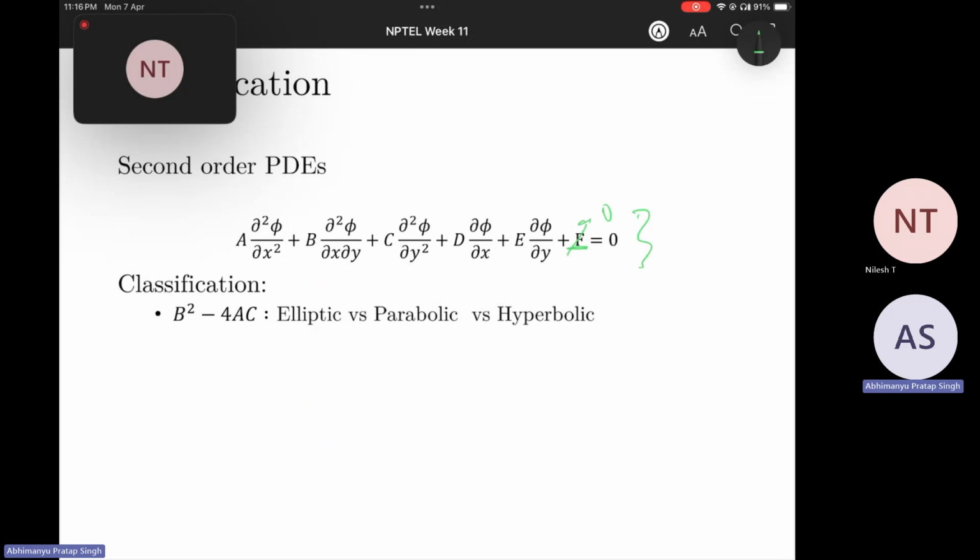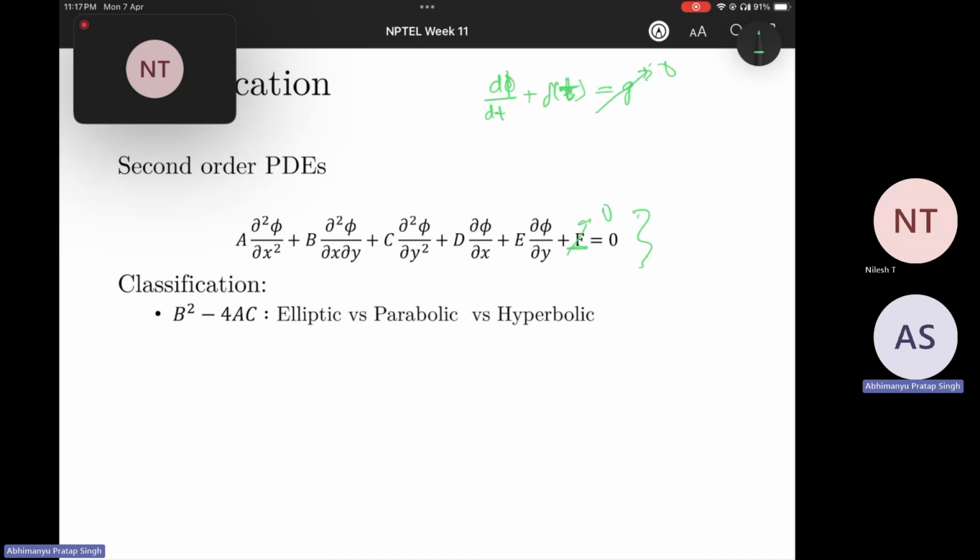This is similar to the case of ODE, where we have d phi upon dt plus some terms, and if we have some term over here, that becomes a non-homogeneous or inhomogeneous ODE, and if this term becomes zero, then that is a homogeneous ODE.